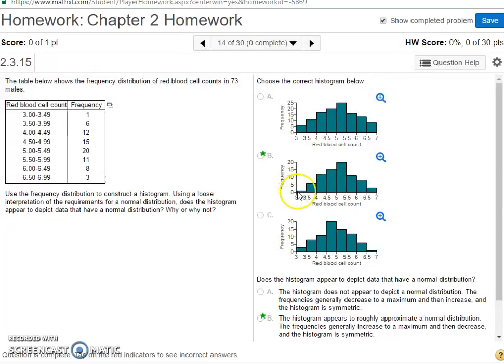So that only leaves this piece right here. And if we look along the way, the next guy should be 6, the next guy should be 12, the next guy is 15, and then I have 20, and then I come back to 11, I come to 8, and I come to 3.